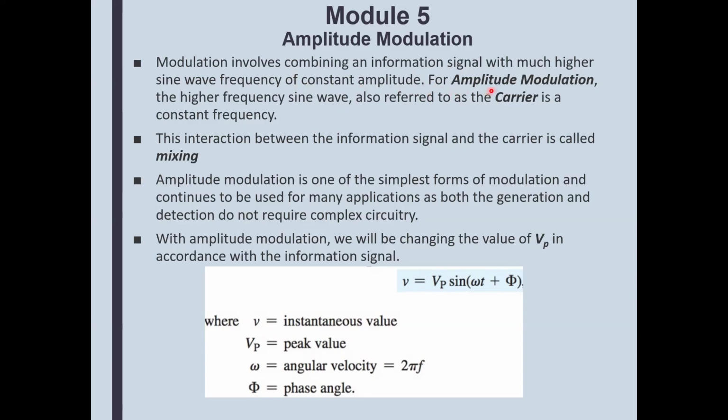For amplitude modulation, the higher frequency sine wave is also referred to as a carrier, and it has a constant frequency. Can we modulate that carrier's frequency with a signal? Yes, you can, but that is going to be called frequency modulation, FM, which we will talk about further down the road as we continue with this class.